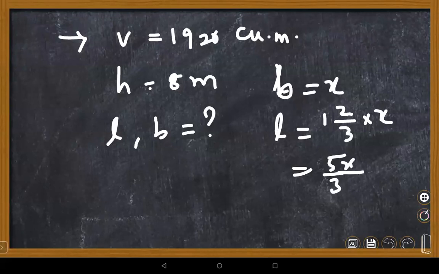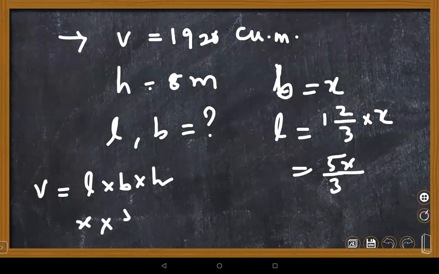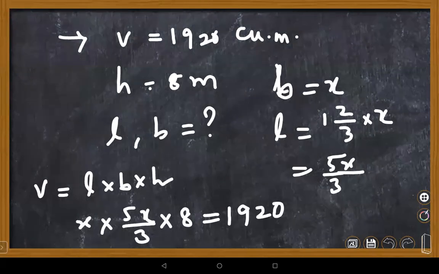Come on, children, now you have to substitute. Volume is length multiplied with the breadth multiplied with height. So length 5x by 3 into x into 8 is equal to 1920 cubic meters. Exactly, you just substitute and equate to 1920. Now x into x is x square, children.